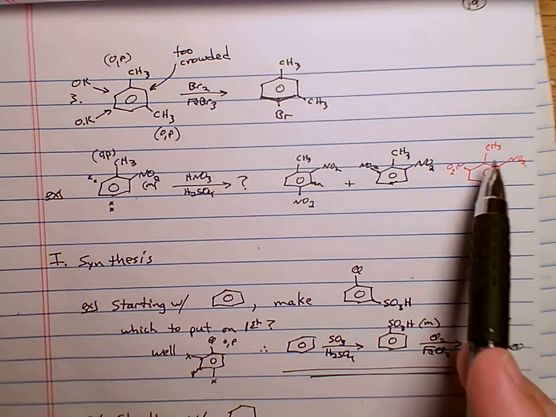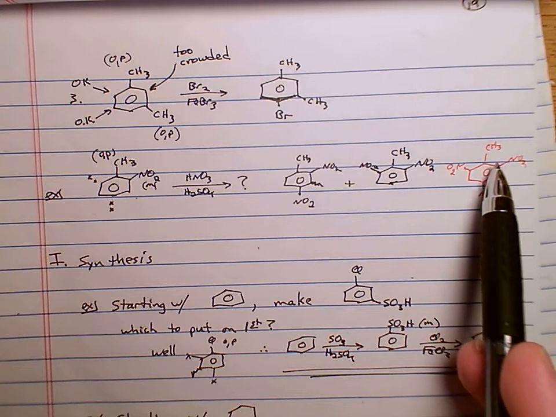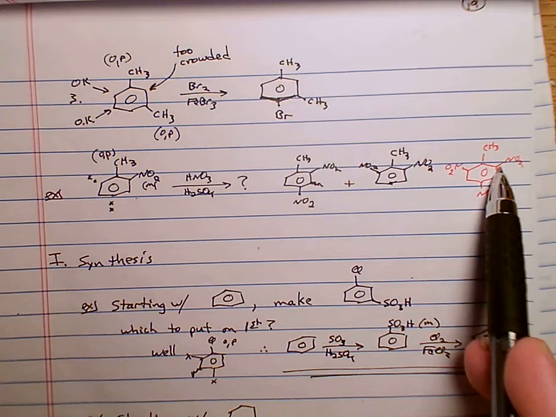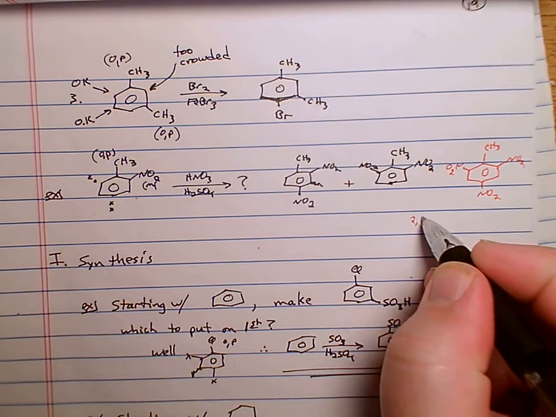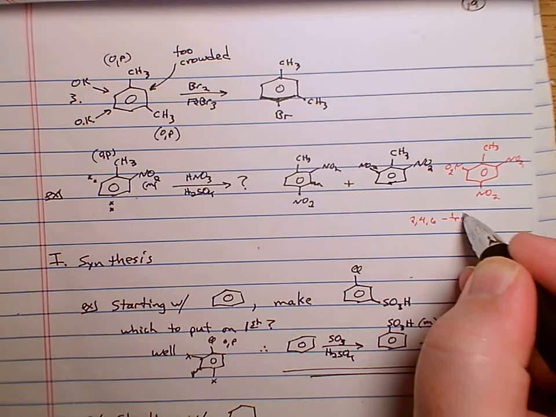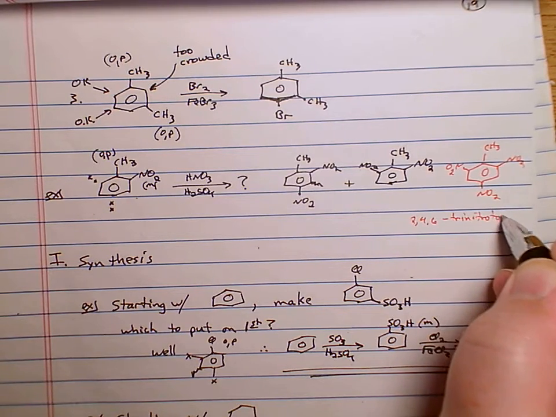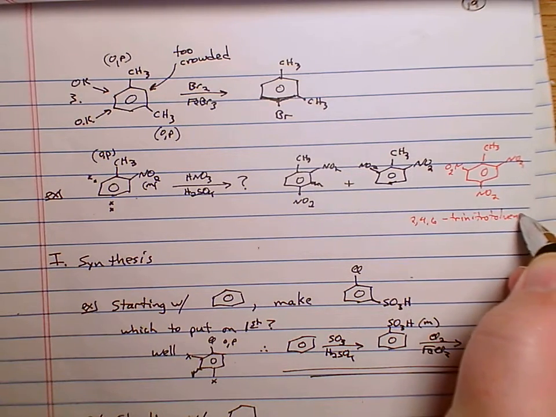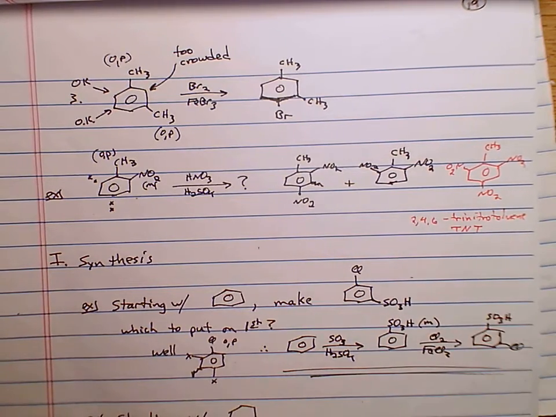CH3 on a benzene ring is toluene, and it's got the 3 nitro groups. If this is carbon 1, this would be carbon 2, 3, 4, 5, 6. So this is 2, 4, 6 trinitrotoluene, also known as TNT.